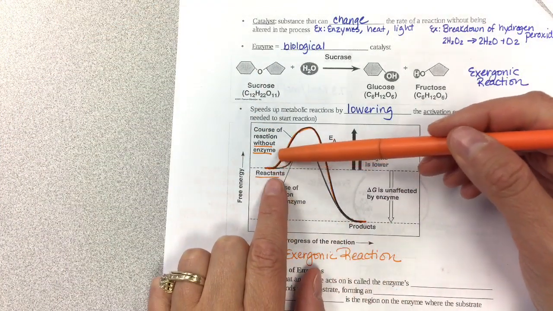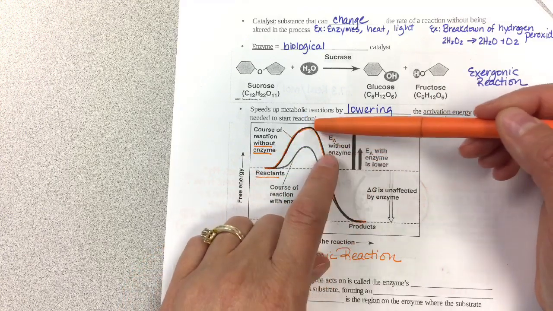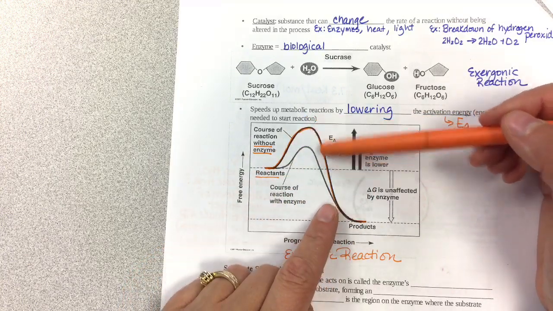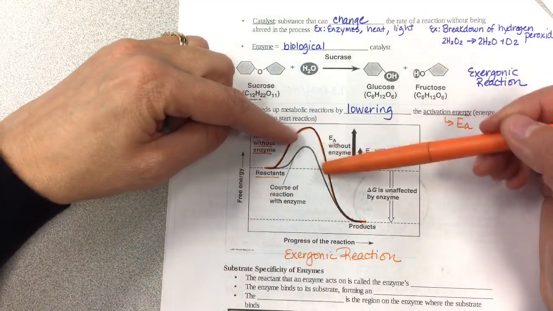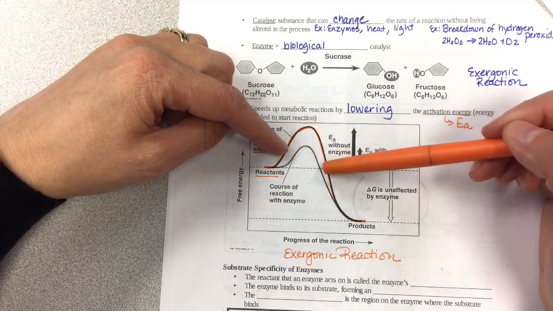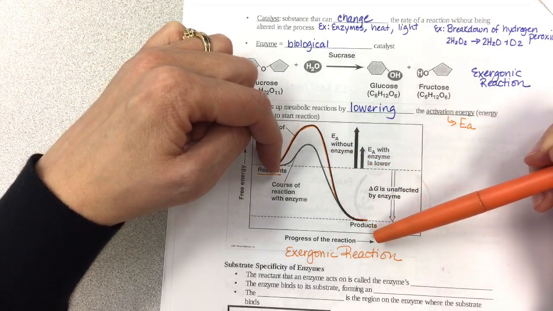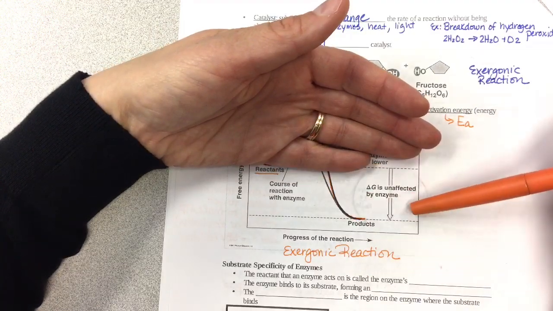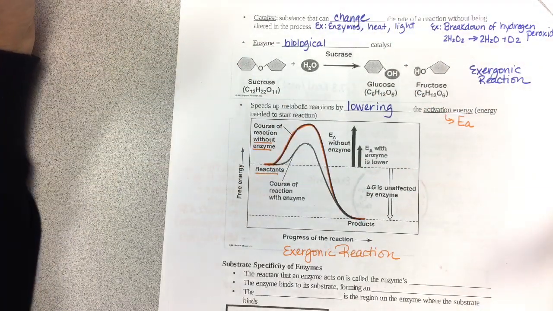So still, as we go up and it goes back down and this energy is released, we can't include that in terms of energy available to do work because we had to input that energy. So this part right here doesn't count towards the free energy of the reaction. It's still only the difference between the reactants and the products that is your delta G, and that's the amount of energy available to do work.